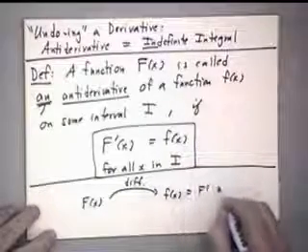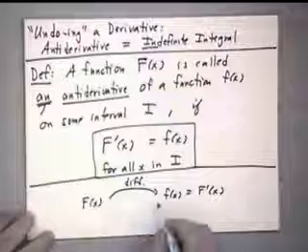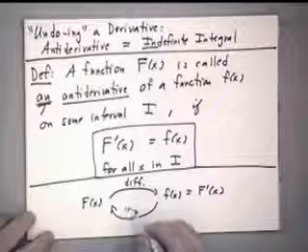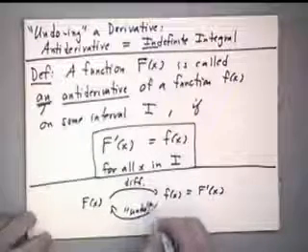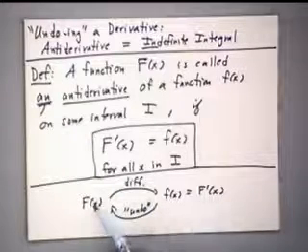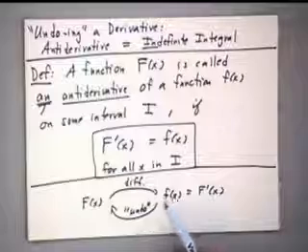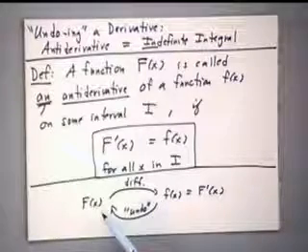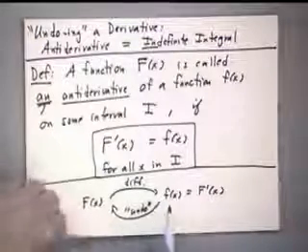So little f of x is the derivative of big F of x. Then the going back process would be the undoing process, which we want to discuss. And that takes little f to big F, which instead of being the derivative in this direction is the antiderivative going in this direction.